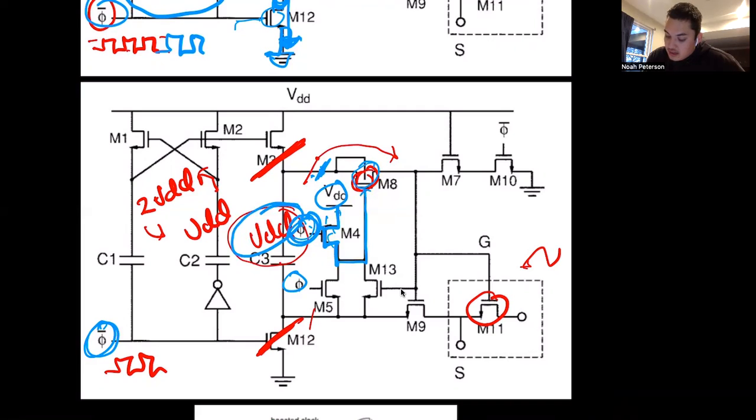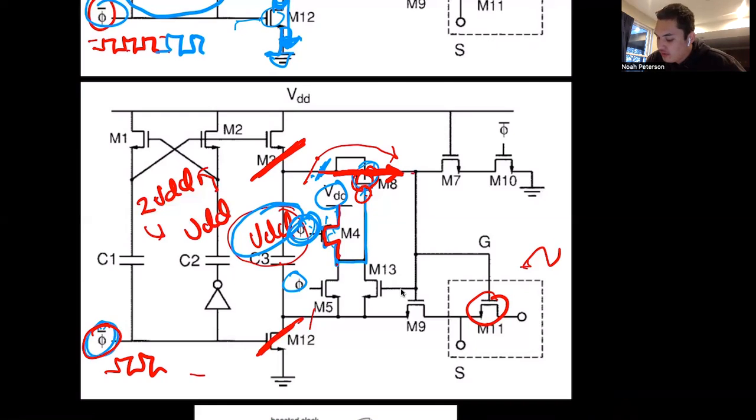Also, say C bar is on the opposite side, so C bar is low and C is high. That means that VDD will not come through this PMOS transistor. Instead, the voltage at this gate will be low, which means current or electrons will be able to flow through that part of the circuit.